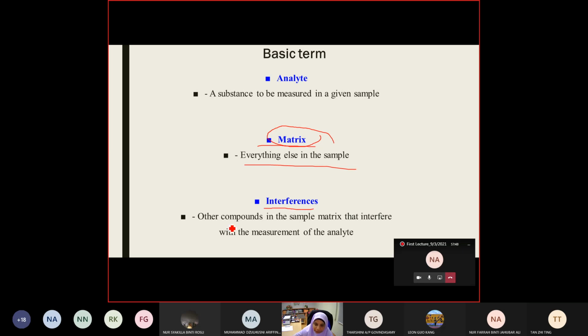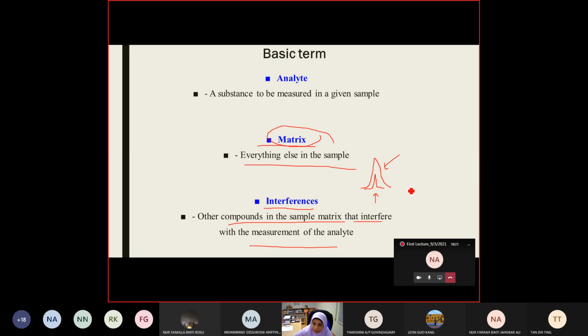Interference. So what is interference? Other compounds in your sample matrix that will interfere during your measurement. For example, you would like to detect copper, and your copper signal is like this. But with the presence of this interference, which gives a signal in the same place, the copper concentration will appear increased because of the presence of the interference.